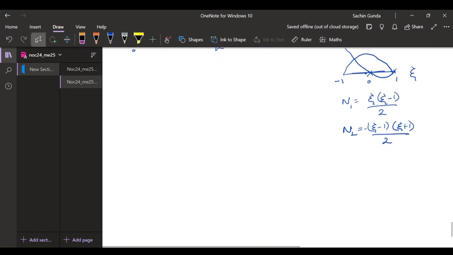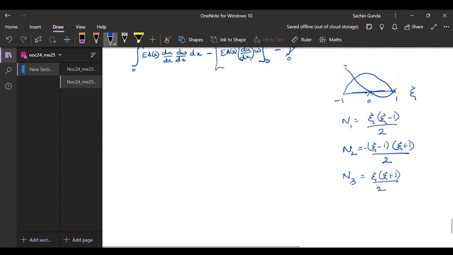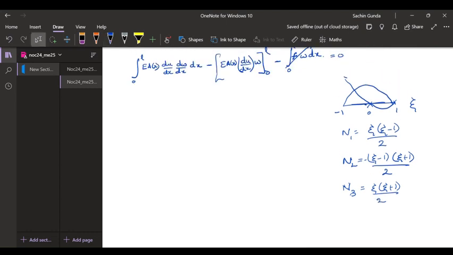And for N3, it is zeta times (zeta plus 1) by 2.